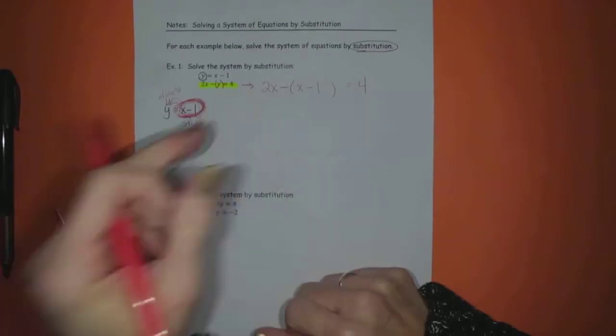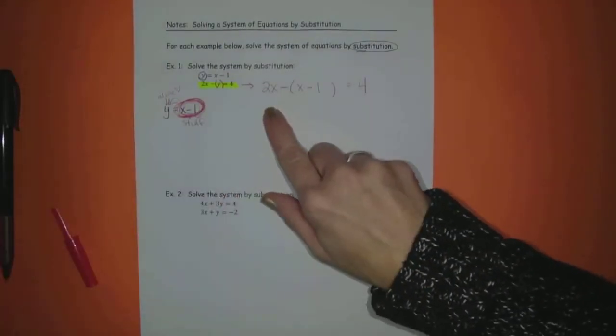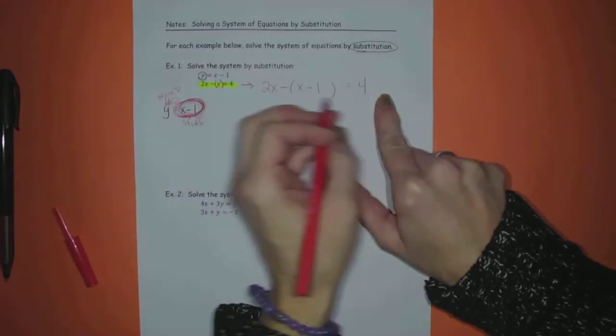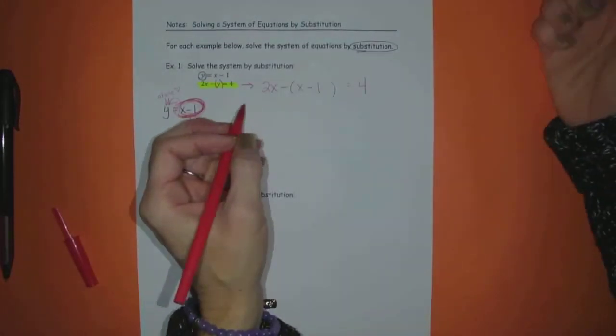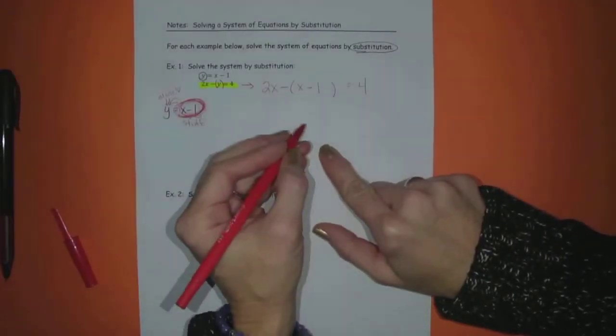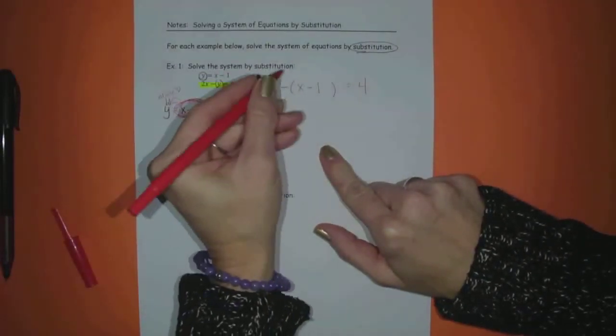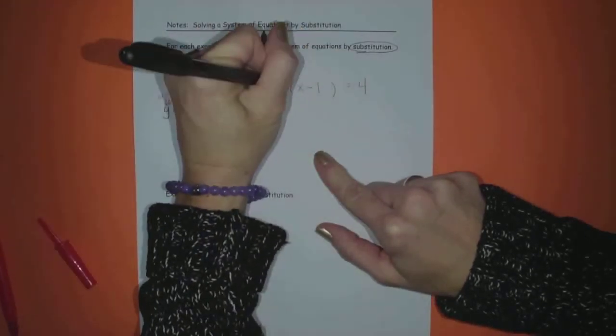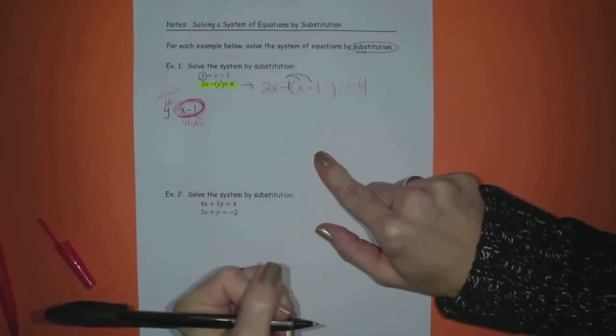The beauty of this is you now have your bottom equation in terms of x. There's no y anymore, so we can solve this. We're going back now to some old learning. We know how to solve equations. So the first step is I'm going to distribute. This right here is like a -1 in front of this parentheses, so I'm going to distribute that through.